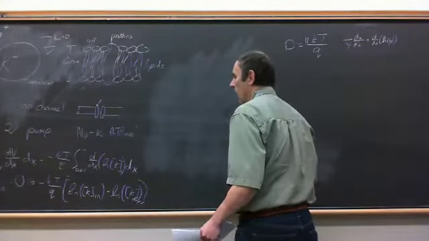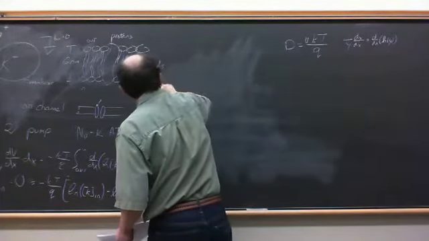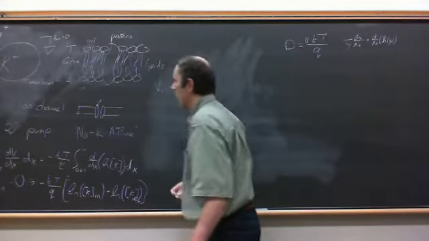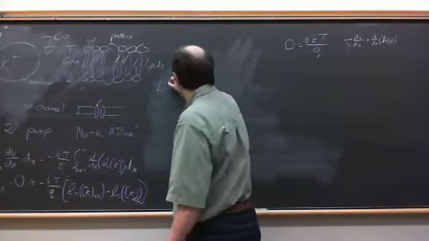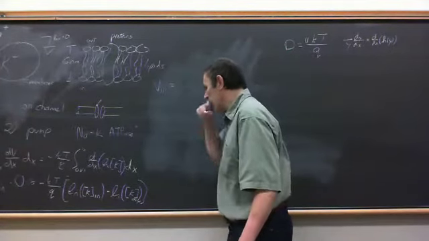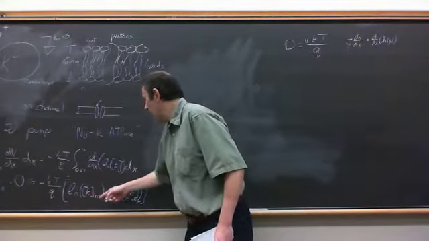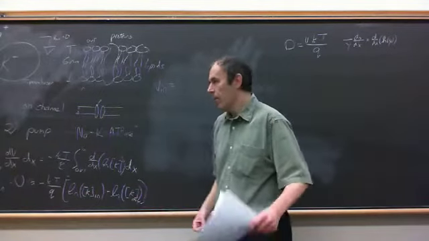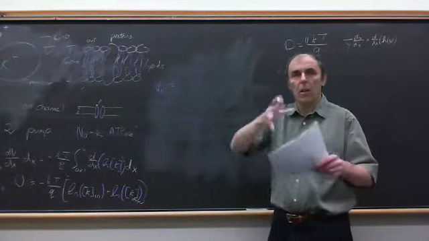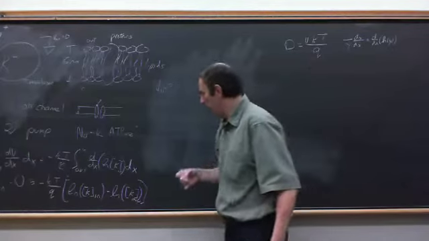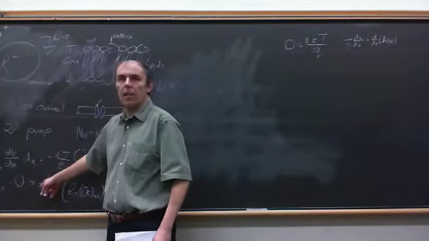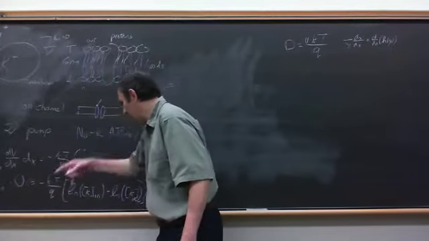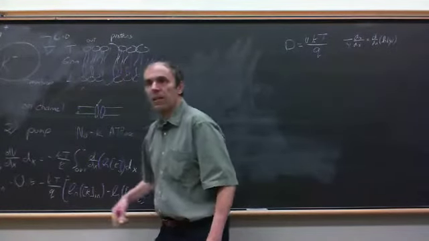What we have now is V inside, so that's really the voltage across the membrane because the outside's grounded, is equal to log of K in over K out. The difference of the two logs is the log of the ratio. I'm going to put the K out on top and the K in on the bottom, which means we get rid of the minus sign, because if I extended this minus sign in here, it'd be K out minus K in.